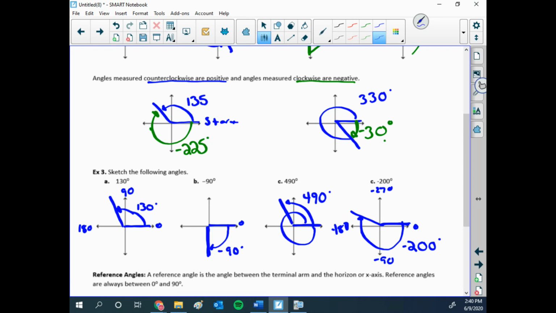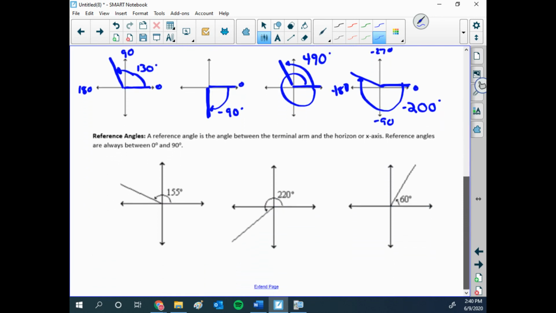Okay, reference angles. Reference angles are super important to understand in order to be successful in trig in Math 30-1 because we use these reference angles to help us solve using our trig ratios, which we'll learn next lesson. The reference angle is the angle between the terminal arm and the horizontal axis, the x-axis.